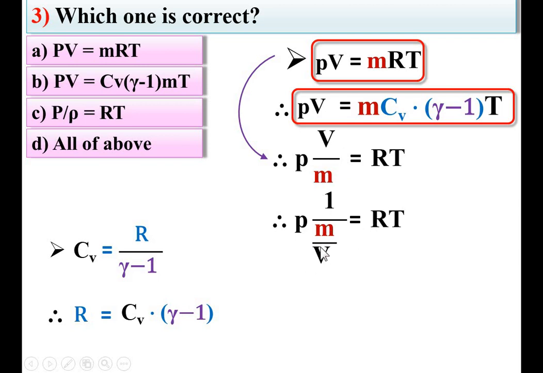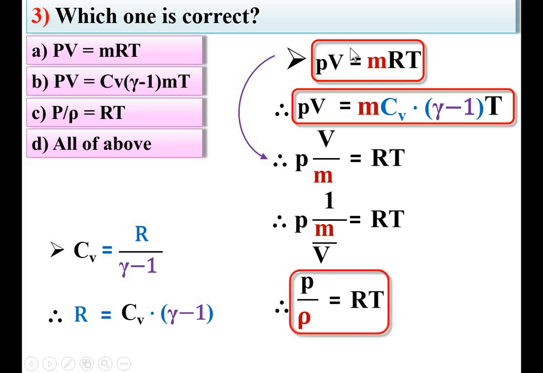You know that M by V, that means mass upon volume, is actually density. So I can say P by rho is equal to RT. This is also the right equation. So I can make a box. Here all three are correct answers, so I can say all of the above is the right answer.